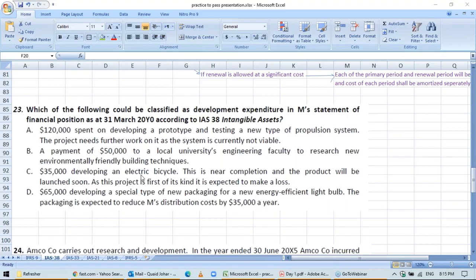Okay, students, in this case, the question asks which of the following could be classified as a development expenditure in the statement of financial position at 31st March 20Y0.